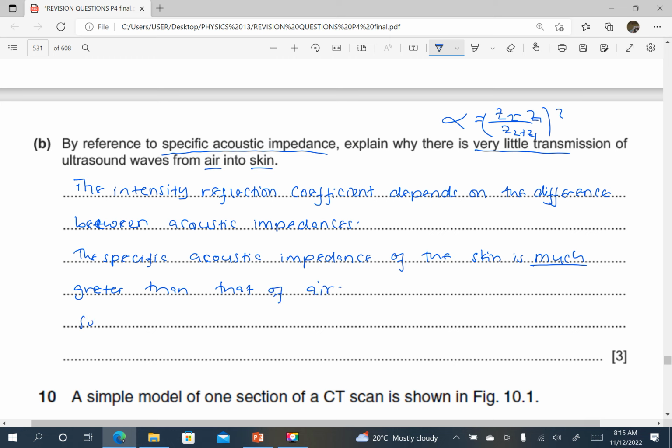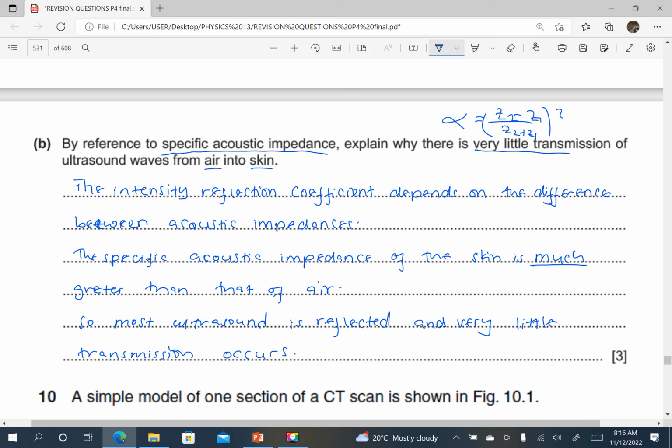Therefore, most ultrasound is reflected and very little transmission occurs.